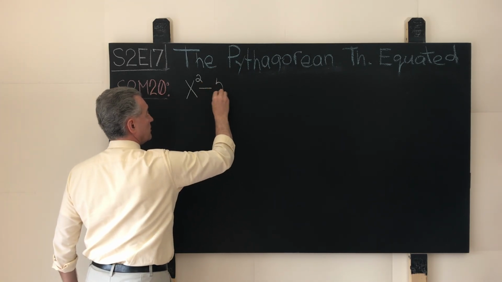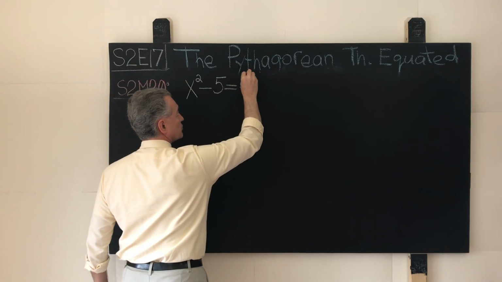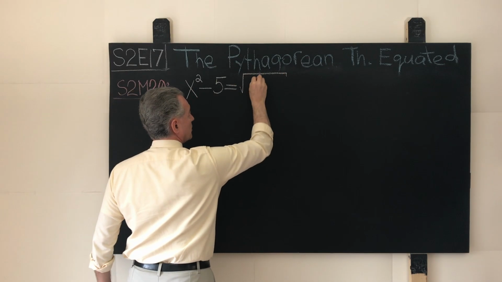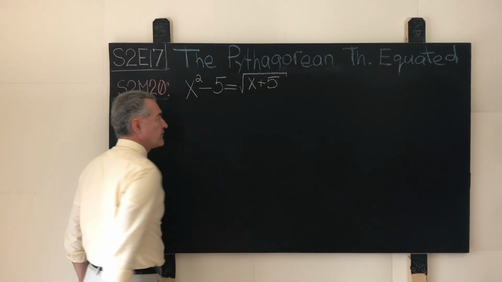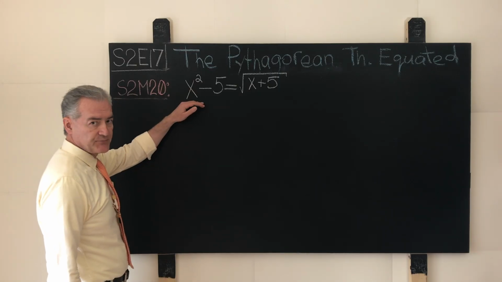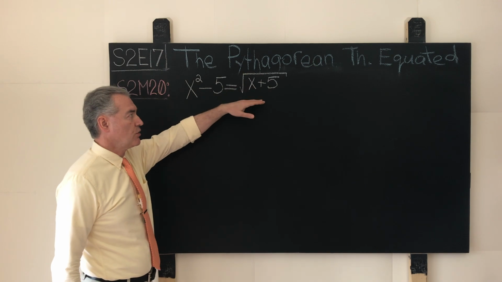X squared minus 5 is equal to square root of x plus 5.